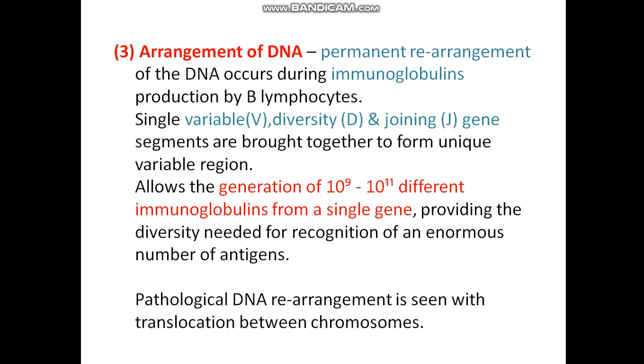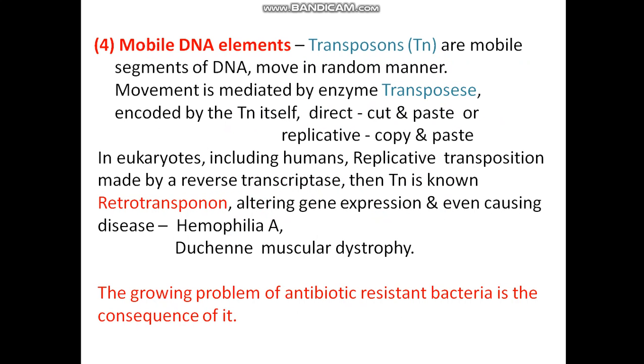That leads to generation of 10 to the power 9 to 10 to the power 11 different immunoglobulins from a single gene, and thus provides recognition of an enormous number of antigens. Pathological DNA rearrangements are seen between chromosomes when translocation takes place.